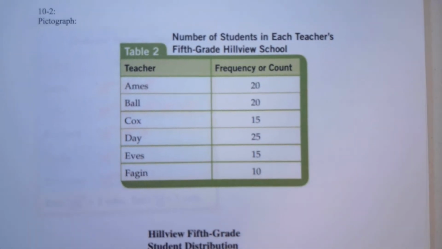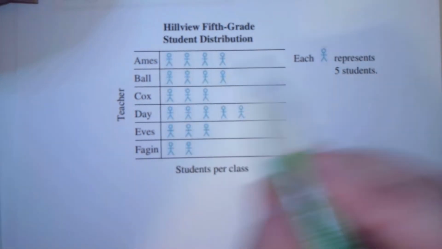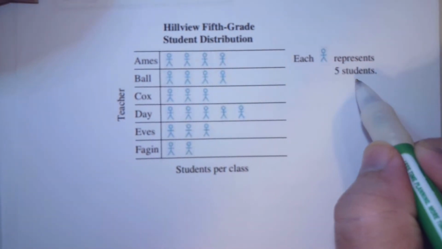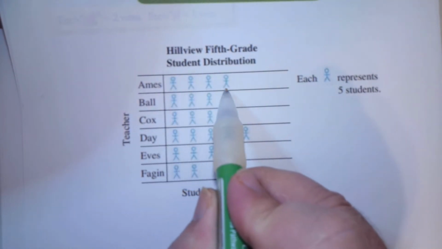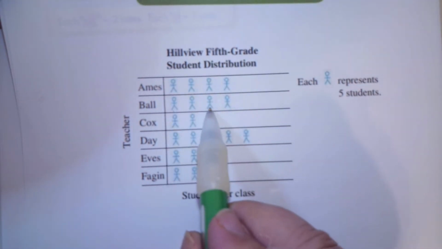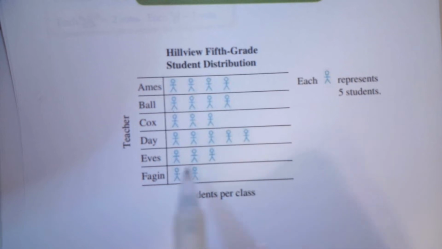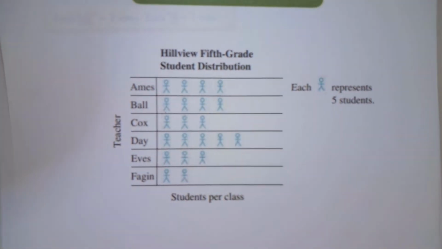Now, a pictograph we could represent this way. Each one of these student representations represents 5 students. So since we had 20 students here, that's 5, 10, 15, 20. Then 5, 10, 15, 20, then 5, 10, 15, then 5, 10, 15, 20, 25, then 15, then 5, 10. So that's how a picture graph is used.